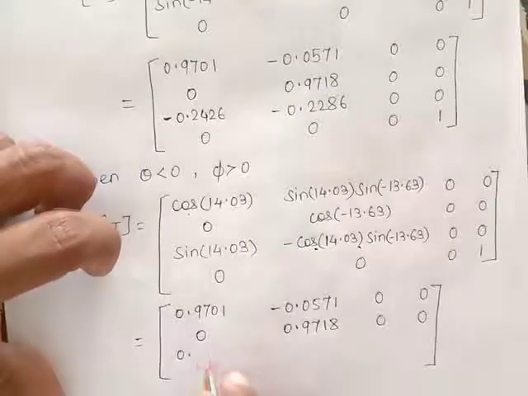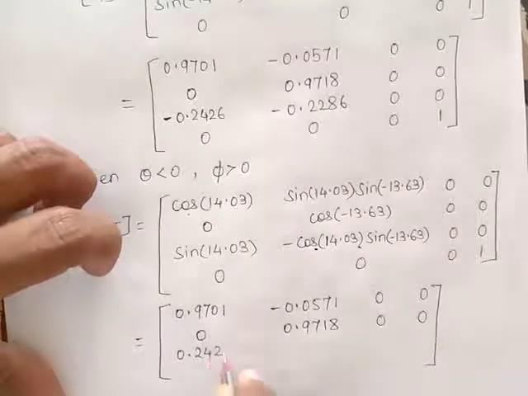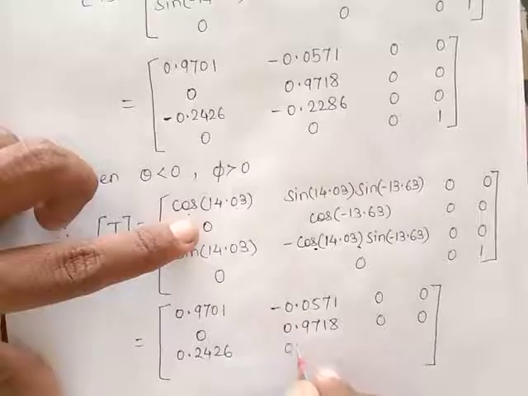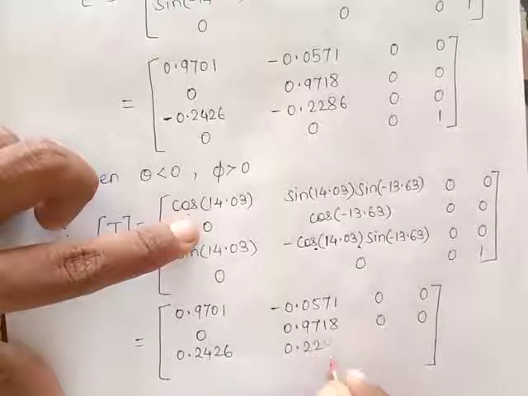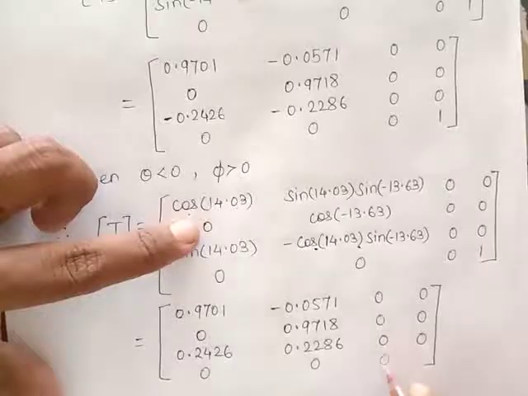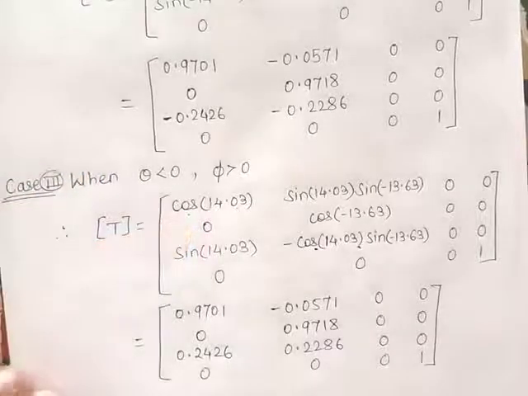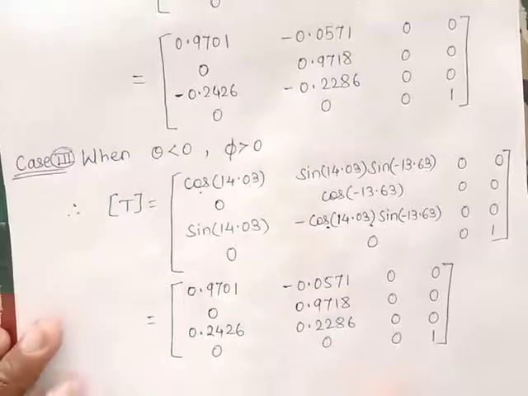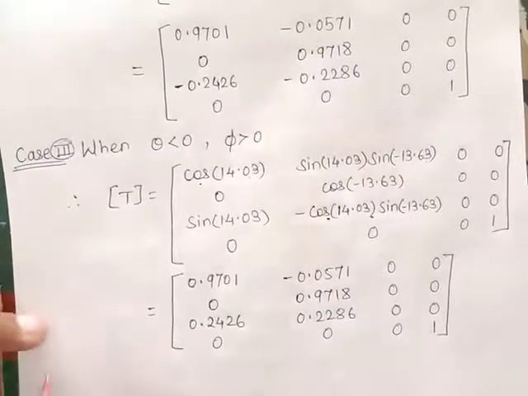It is positive now, 0.2426. This will become positive 0.2286, 0, 0, 0, 0, 0, 1. This is the answer for case 3. Now case 4.